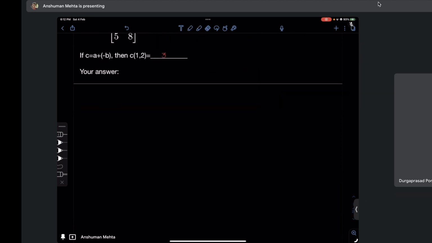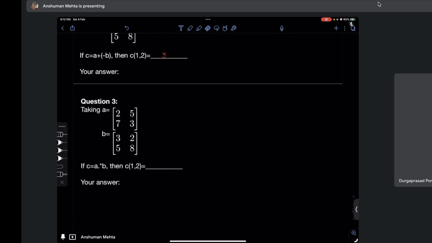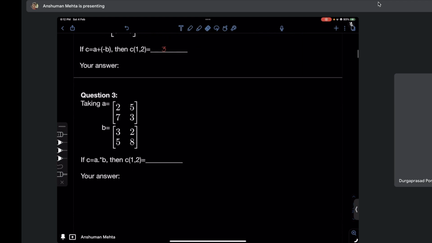Now moving on to question number 3, in which A and B are the same matrices, and you want to find C equal to A dot star B. There is a dot, and then C 1 comma 2 is again how much?